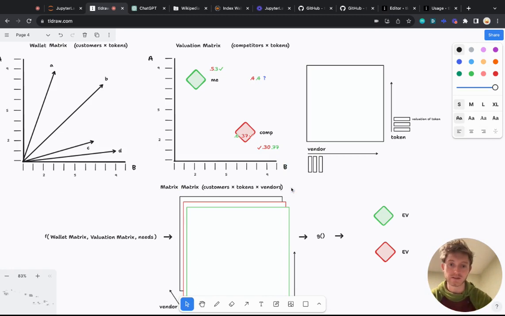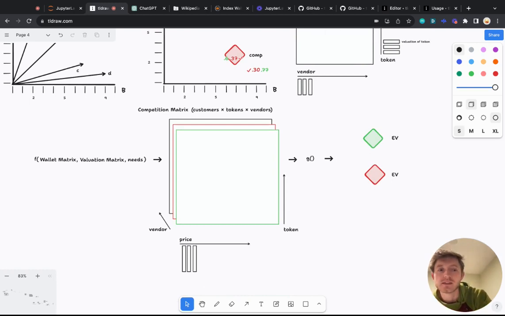But if we say the other one we'll call the possible competition matrix, and this is the simple competition matrix, okay, now what do we do?